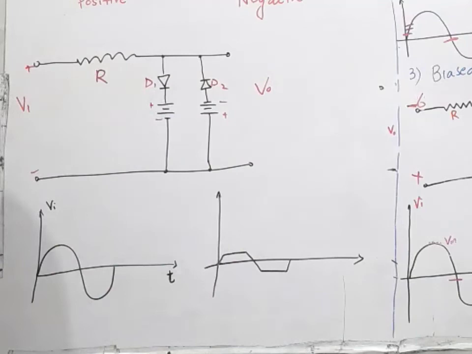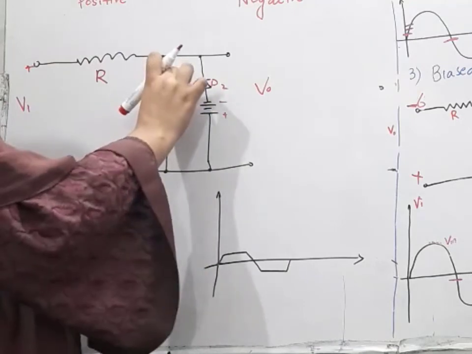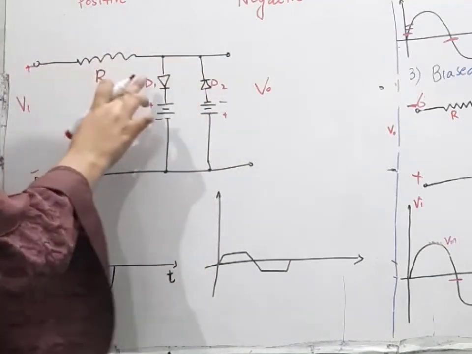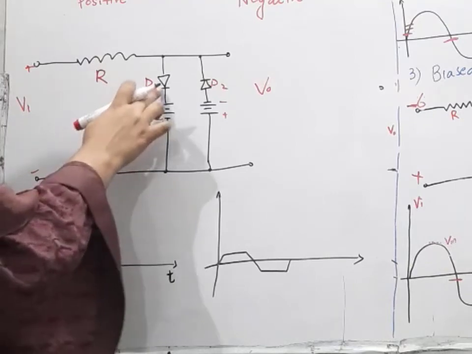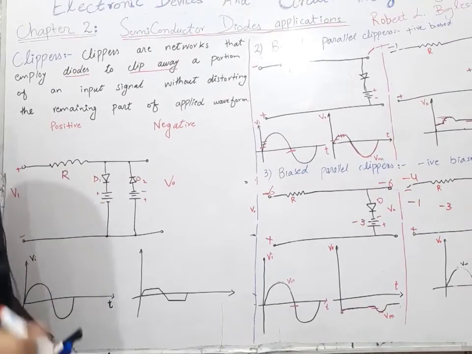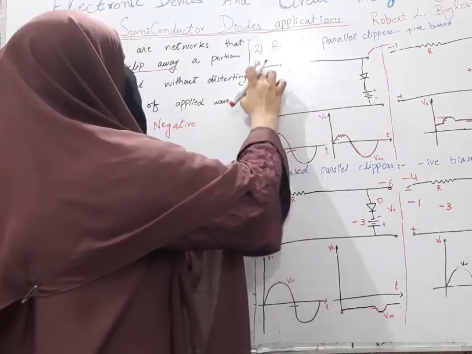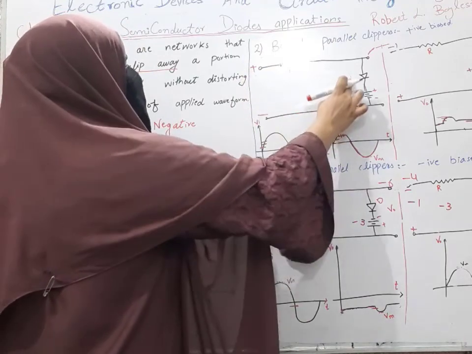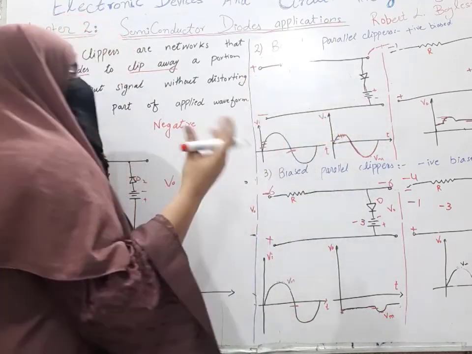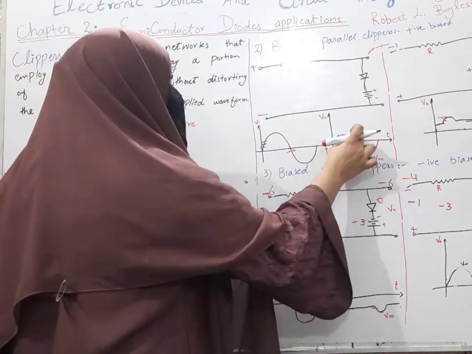Now in this case you can see D1, it is plus, which is trying to make this diode forward biased, and battery is trying to make this diode reverse biased. This is the case similar to this. This is trying to make this diode forward biased, and battery is trying to make this diode reverse biased. So we will get this output waveform.